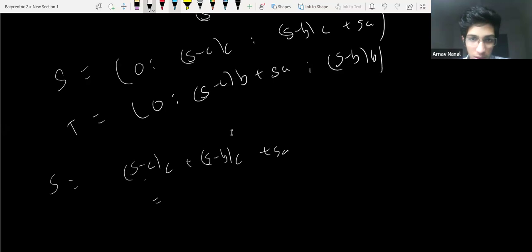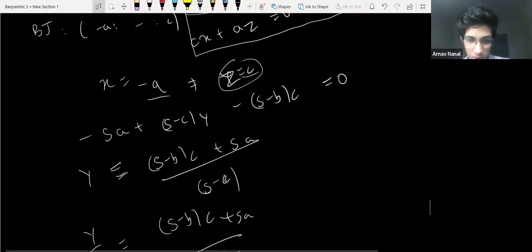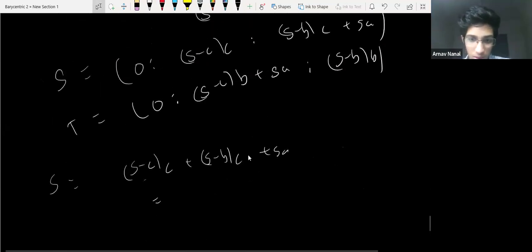Did we have a minus anywhere? I hope not. Just to check. This is plus C. And what we got was, oh, there is no minus. Okay. So this is plus this thing by this is equal to, this is just A times C plus SA.